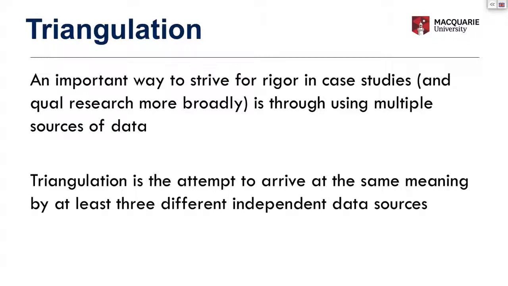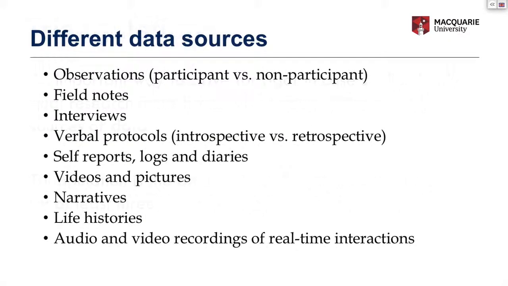And this is usually done through collecting data from different sources. And when inferences and conclusions from different sources merge with each other and corroborate and support each other, then the researcher can claim rigor and triangulation in the research findings.